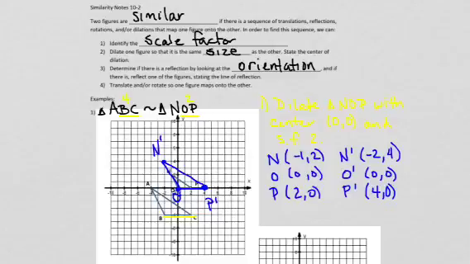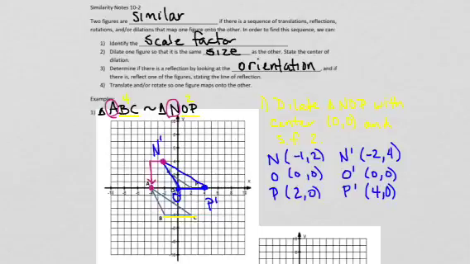So N corresponds to A because of the way these are named. N and A match up in the name. So I can see now that once I dilated it to make it bigger, I just have to move to the left and down to get N prime on top of A.